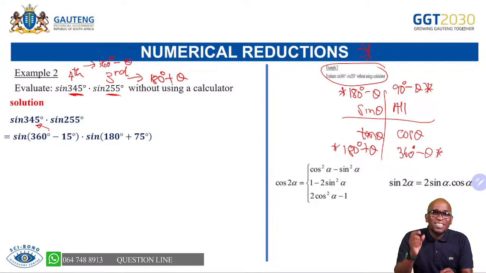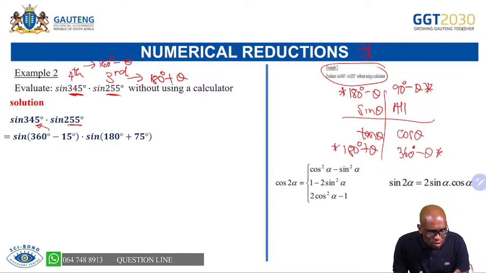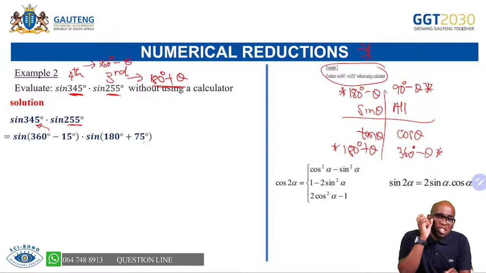So we can write 345 as 360 minus 15 degrees. And then we want to write 255 also as a compound angle. We said it's in the third quadrant, the instruction is 180 plus, so we are going to check the angle that we can add to 180 to get 255. How do we get that angle? We'll say 255 minus 180 gives you 75.